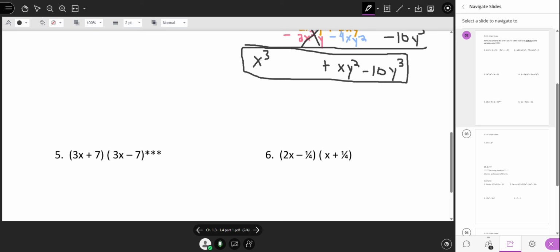Number 5 is on the factoring handout. It's called the difference of squares, and I like the difference of squares.